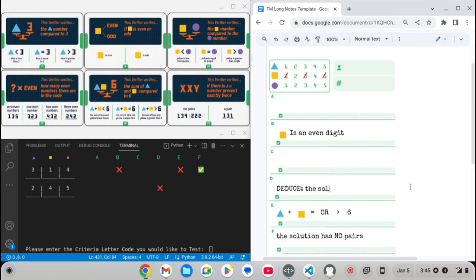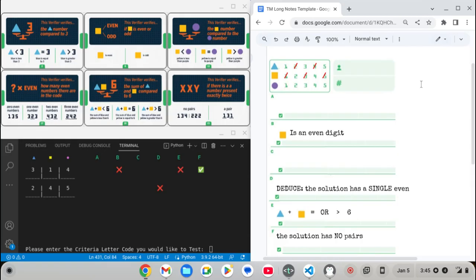So the solution has a single even. That means that both triangle and circle must actually be odd. So let's go ahead and cross out the evens in both triangle and circle. So we are looking at a solution that is odd, even, odd.